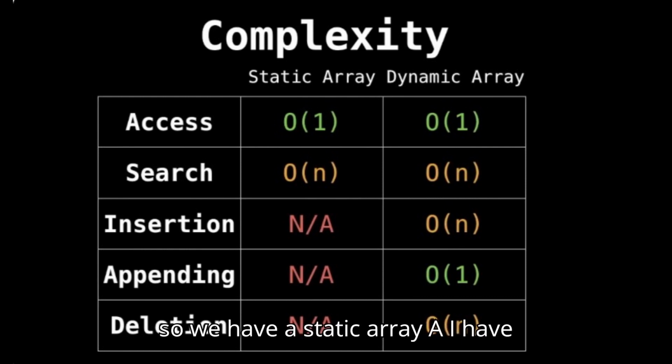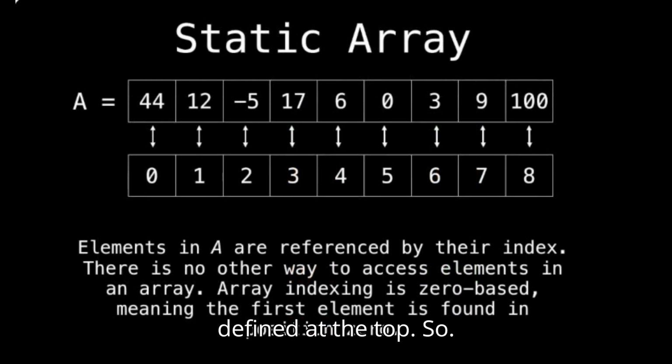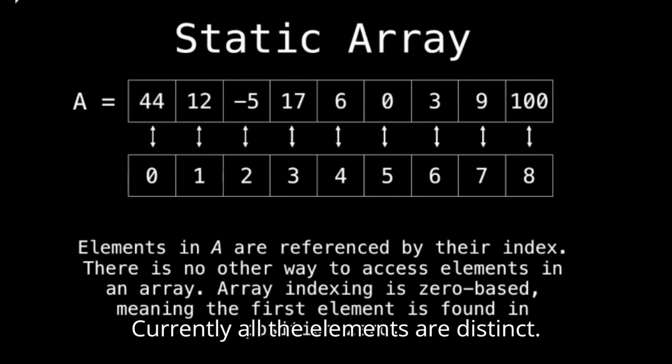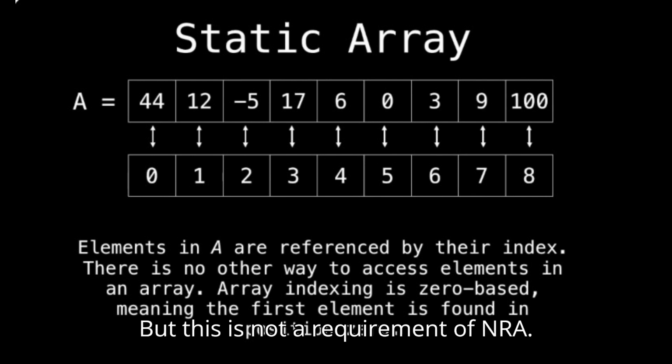Okay, so we have a static array A I've defined at the top. So, A contains the values 44, 12, -5, 1, 7, 6, 0, 3, 9, 100. Currently, all the elements are distinct. But this is not a requirement of an array.